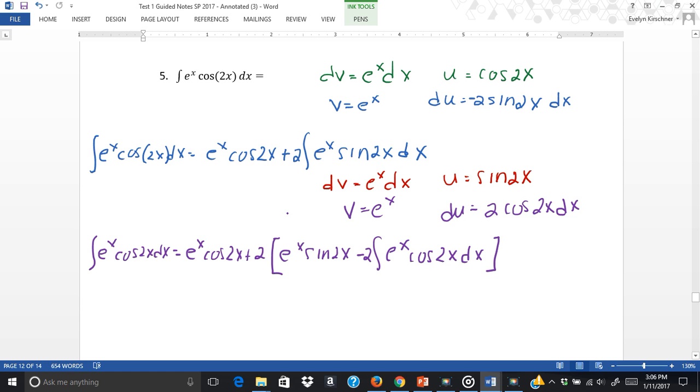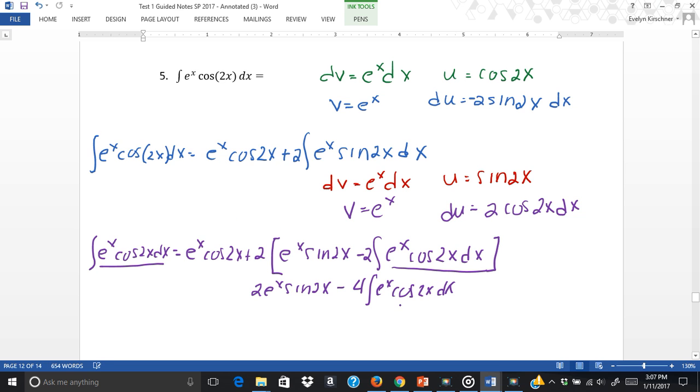Okay, so now look what I have here. I have this integral on both sides. So first I'm going to expand, so I have 2 e to the x sine 2x minus 4 times the integral of e to the x cosine 2x dx.